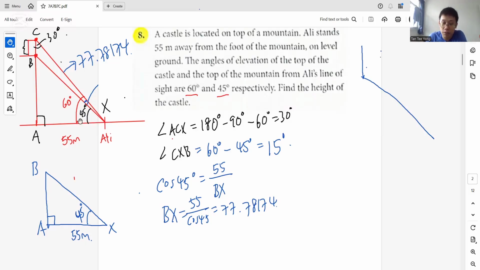So I'm going to redraw this triangle CBX. This is C, B, and X is somewhere here.